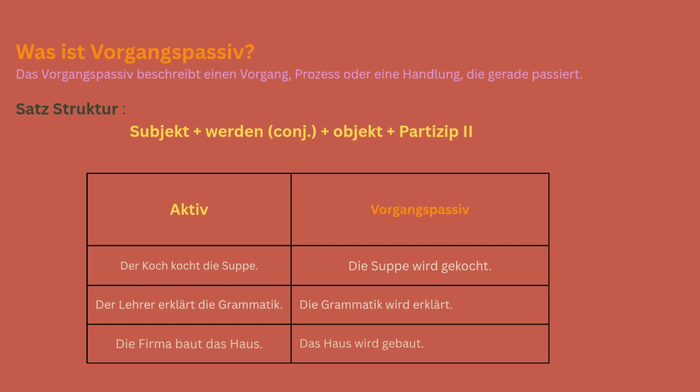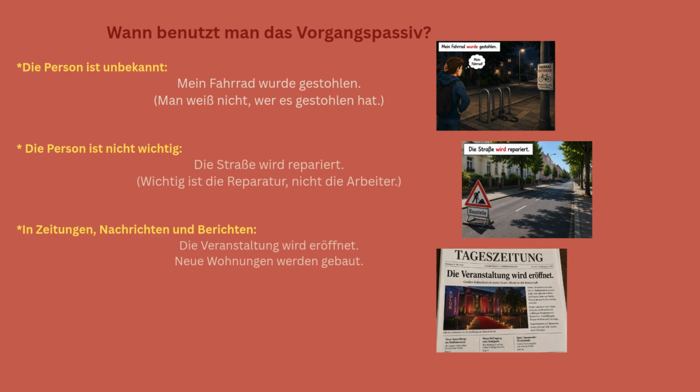So this is the example of Vorgangpassiv. We can also say why and in which situation we can use this Vorgangpassiv. So let's look at this picture.